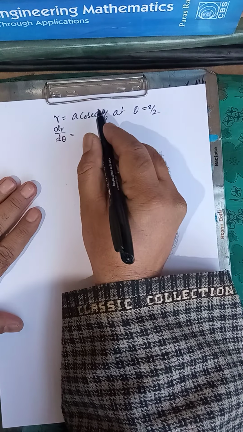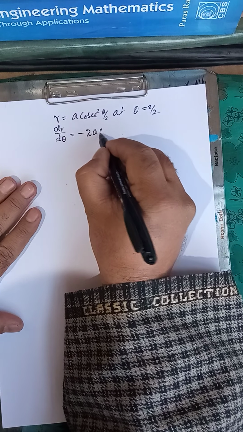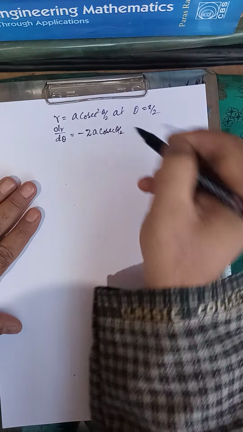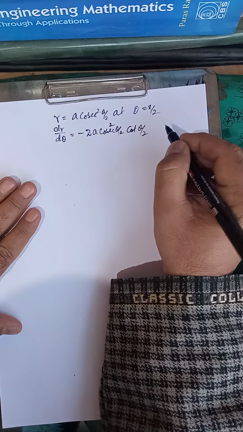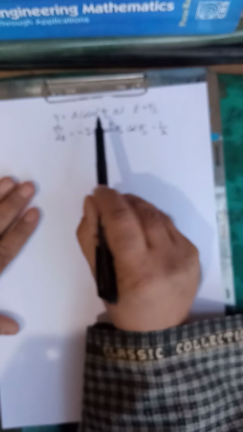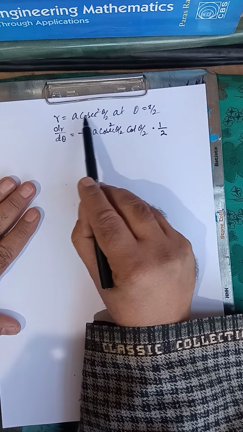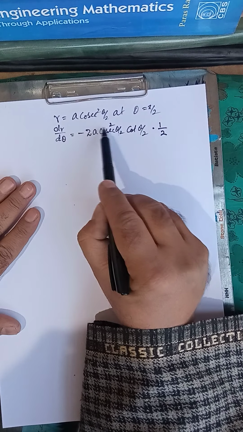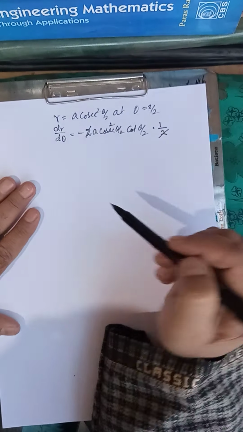This is the derivative of cosec square: minus 2a cosec theta by 2, then the derivative of cosec is minus cosec into cot, so it is cosec square and cot, and the derivative of theta by 2 is 1 by 2. So this is dr by d theta.